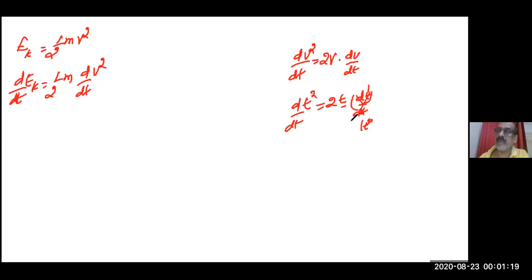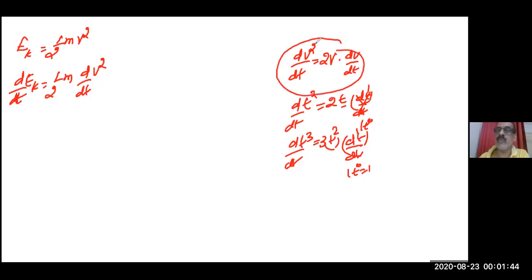Similarly, d by dt of t cubed, we know 3t squared. But this t, again, we have to differentiate, d by dt of t, which is 1. But in this case, v squared is 2v, but dv by dt is not 1. dv by dt is acceleration. Is it clear? Yes, sir.